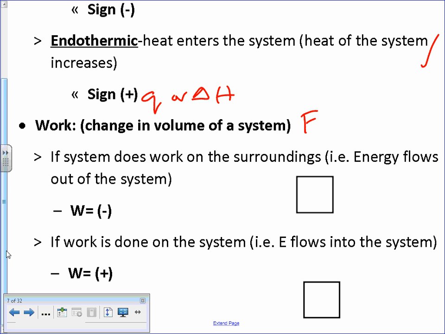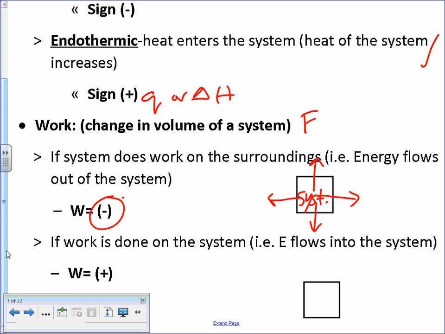If the system is expanding, it's forcing the surroundings away, and whatever container it's in is pushed away. That takes a lot of energy out of the system because the system is exerting all that energy on the surroundings. So we call that negative work, because the system is losing energy by pushing on the surroundings.